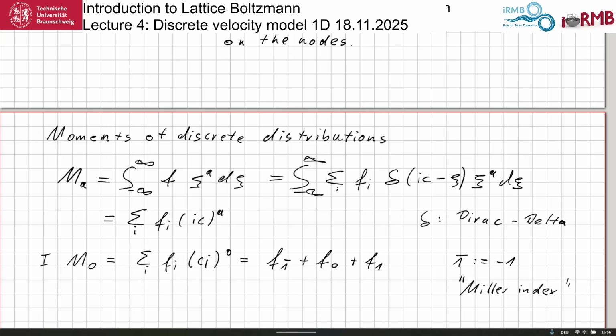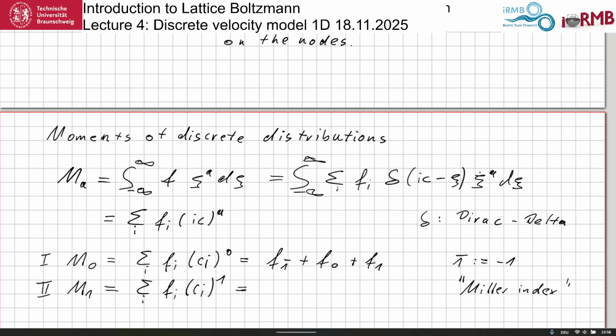Okay, so the zero moment is just the sum of all of them, right? Then the second is the first moment, the sum of Fi Ci, to the power of 1.